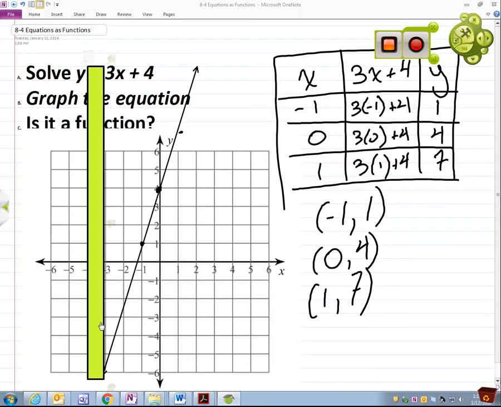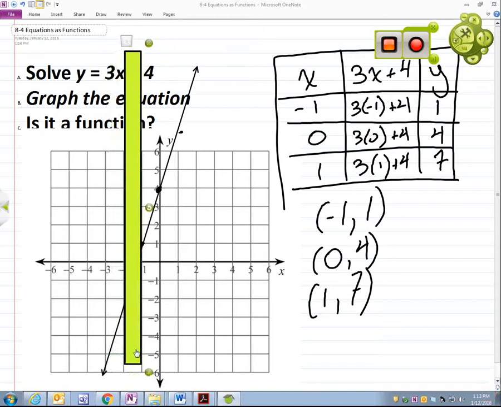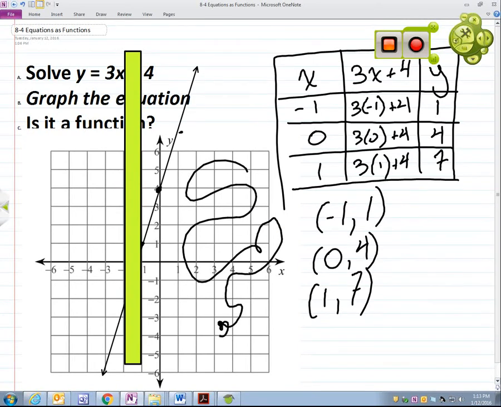And as long as the line that we just drew from the plot points doesn't look like this, okay?